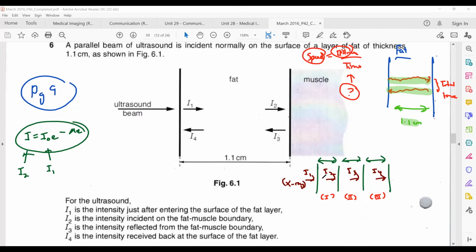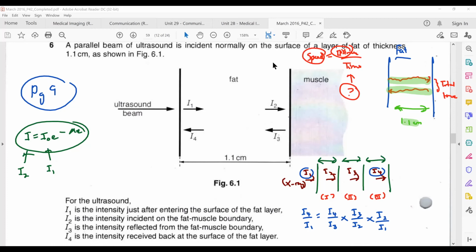Now, if I want to get this ratio here, I4 to I1, it is the same as I4 to I3 times I3 to I2 times I2 to I1.